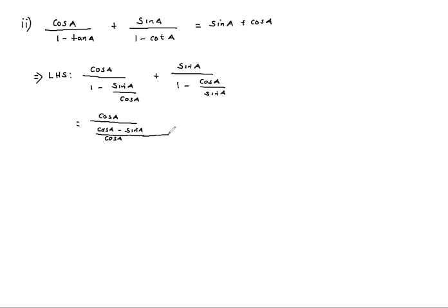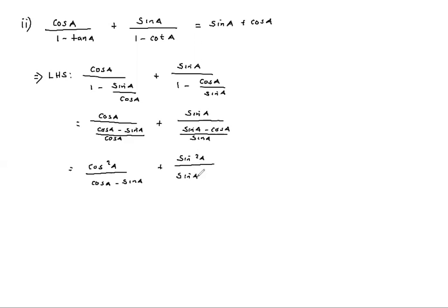Then plus, again, sine A is there on top, and then we have sine A down, and then we have sine A minus cos A. If we reciprocate there, we'll have cos squared A over cos A minus sine A plus, again, sine squared A over sine A minus cos A. Then we get some common denominator here.